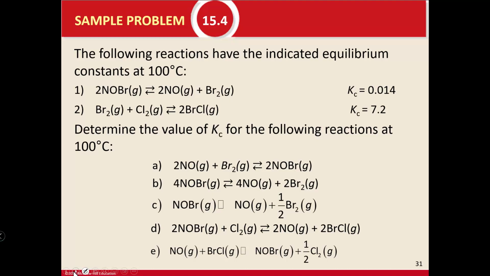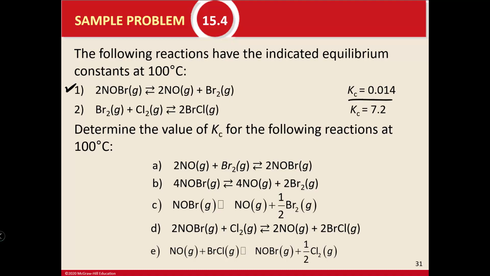All right, so if you understand that, you should be able to answer all of these questions here. So it says the following reactions have indicated equilibrium constants at 100 degrees Celsius. And the question is, determine the equilibrium constant at concentration for the following reactions. So first thing you do is you look at this one. This is what we're going to compare it to. This is our original equation. We have the equilibrium constant for that.